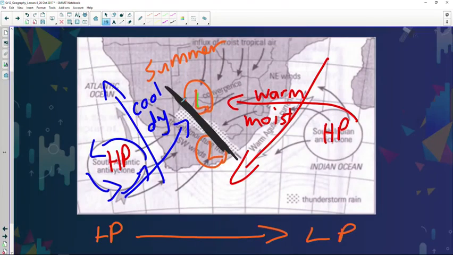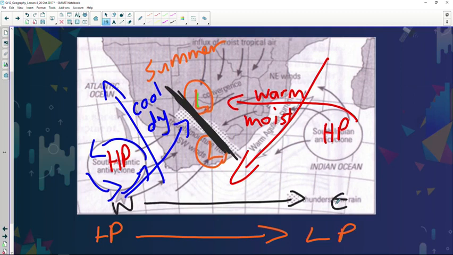In this case, this moisture front divides the cool, dry air coming from the South Atlantic high pressure that flows into the low pressure system, and the warm, moist air coming from the South Indian anticyclone flowing to the low pressure system. There's a difference in moisture because on the one side we've got cool, dry air. On the other side we've got warm, moist air. And this moisture front, this whole system moves from west to east.